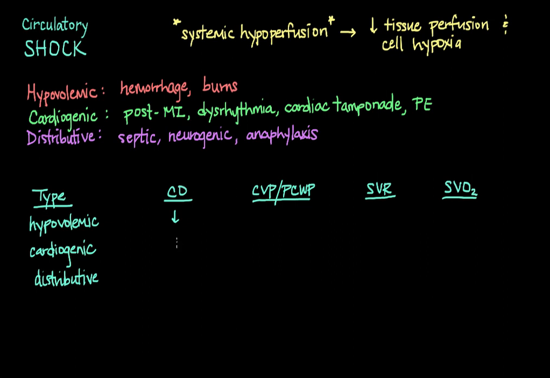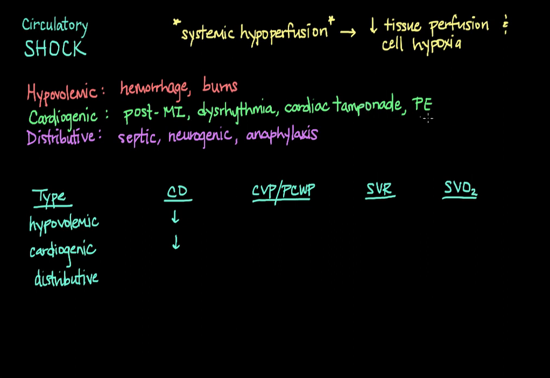Now in cardiogenic shock, cardiac output is again decreased because this time you aren't necessarily having a decreased volume of blood that's pumped out. That part's constant, but the rate at which the blood is being pumped out of the heart in a minute is decreased, either because of some sort of intrinsic problem with damaged heart muscle, or maybe the rate at which it's contracting or the rhythm is no longer synchronized, or say with cardiac tamponade, there's actual extrinsic pressure on the heart preventing it from squeezing effectively.